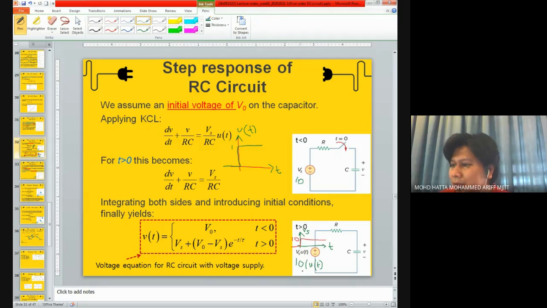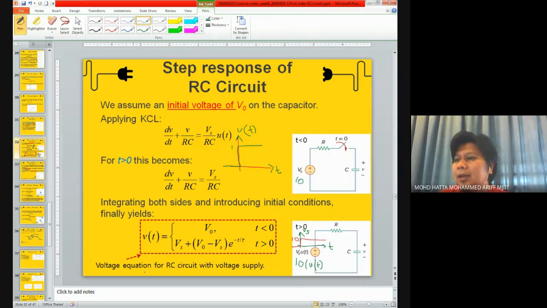This is how the response of Vs u of t looks like. At t less than 0, before the switching, the voltage is 0 volts, and after the switching, at t equal to 0 and t greater than 0, the value of voltage is 10.